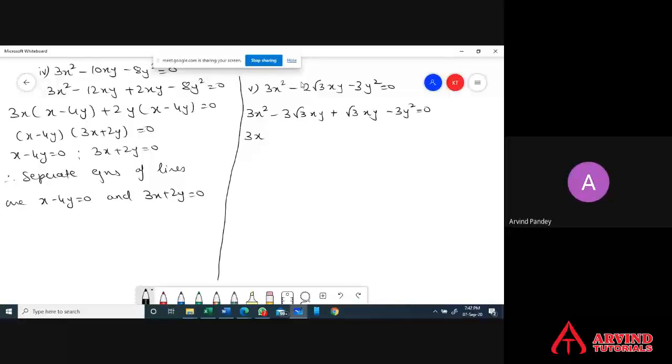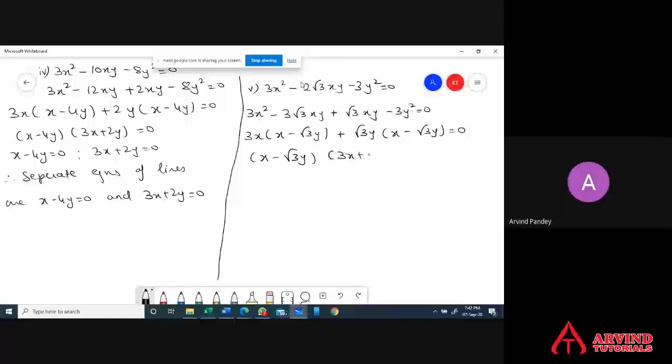You take for example 3x common, so 3x(x minus root 3y) plus here you take root 3y common, so (x minus root 3y) equal to 0. It is (x minus root 3y)(3x plus root 3y) equal to 0. Okay.